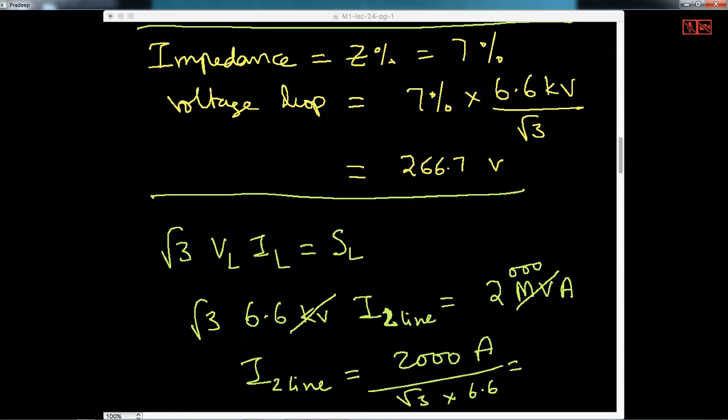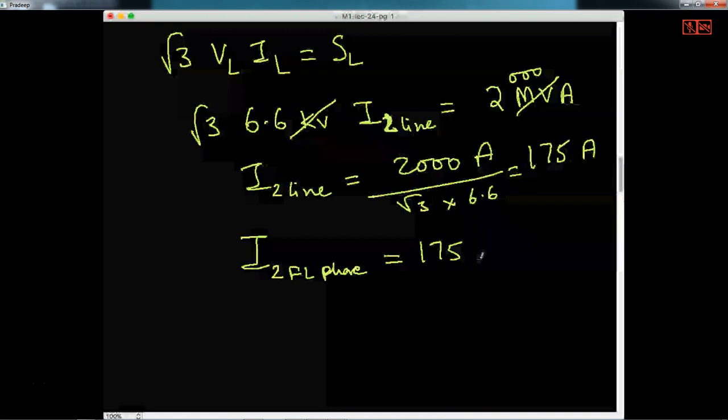So now I know the voltage drop and I know the full load current. So I can find out the Z02. So what is Z02? It is voltage drop per phase divided by I2 full load per phase.